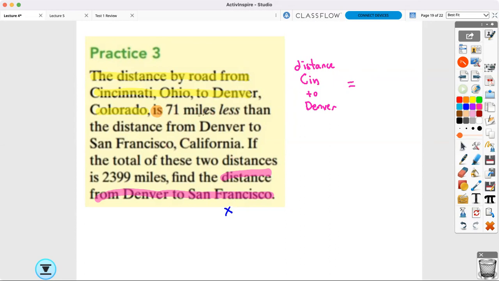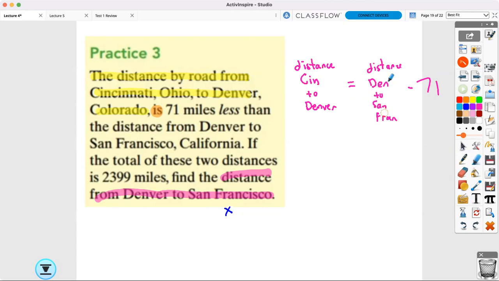So it's going to be the distance from Denver to San Fran minus 71. Because it's less than that, whatever this distance is, 71 miles less than the distance from Denver to San Fran.